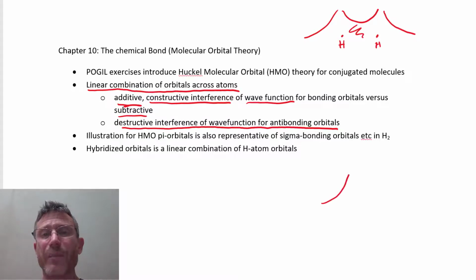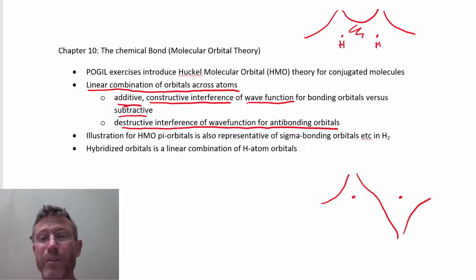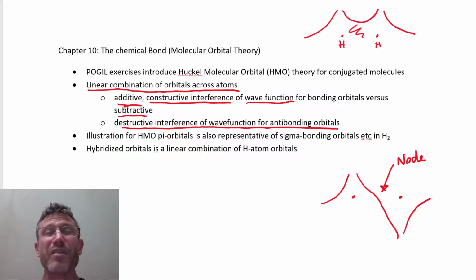That was a constructive additive molecular orbital. And we can also see something where when we have a subtractive combination of these atomic orbitals, we end up getting a node of electron density in between the two atoms, and therefore there's less electron density in there compared with the individual atoms, and so those nuclei repel each other, and so we end up having a higher energy situation if we put an electron into that molecular orbital.